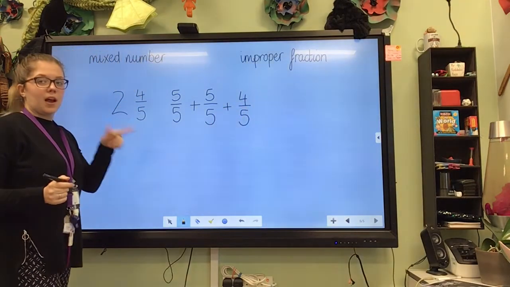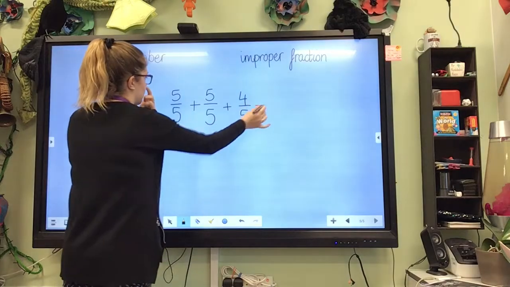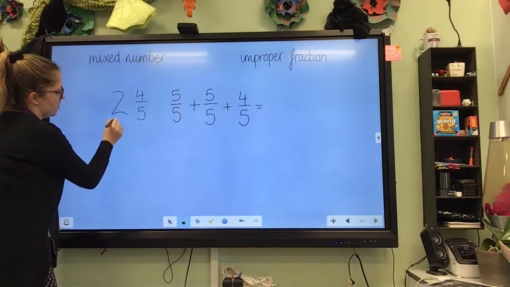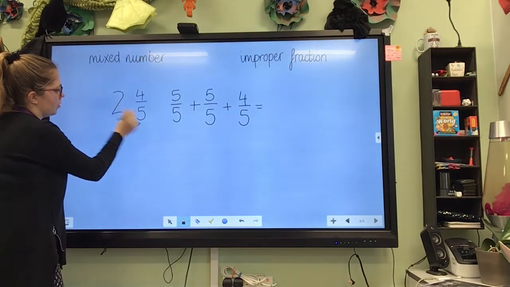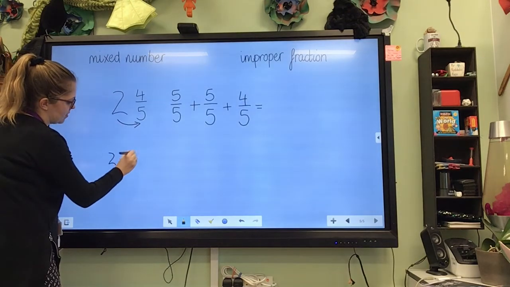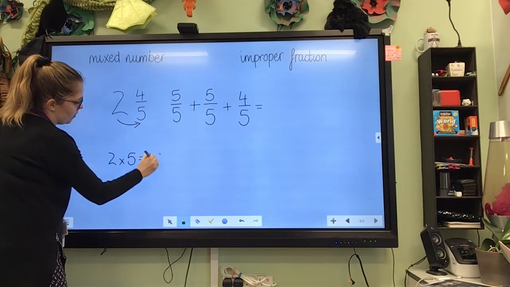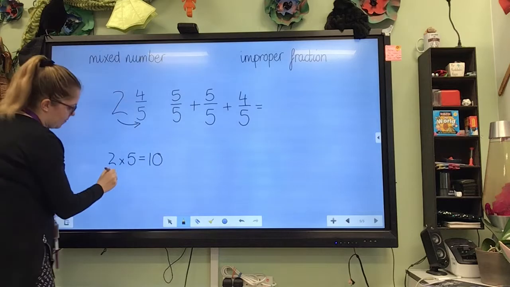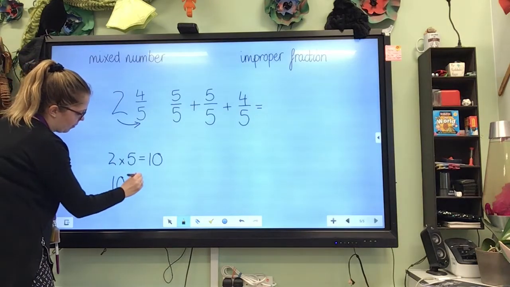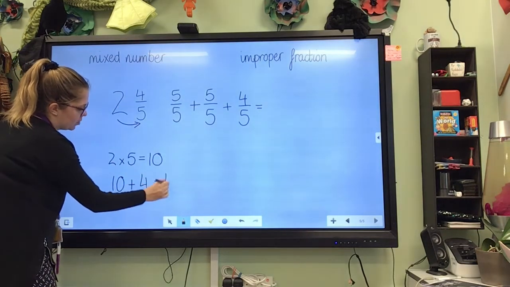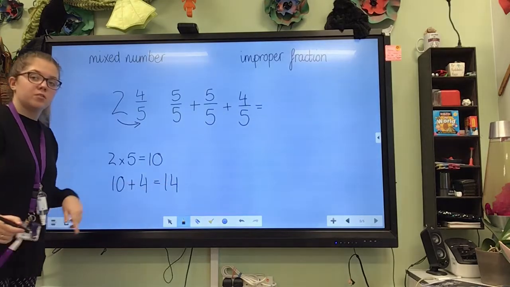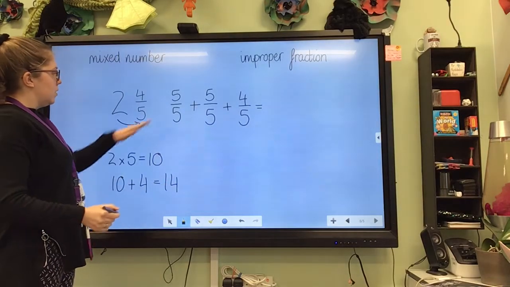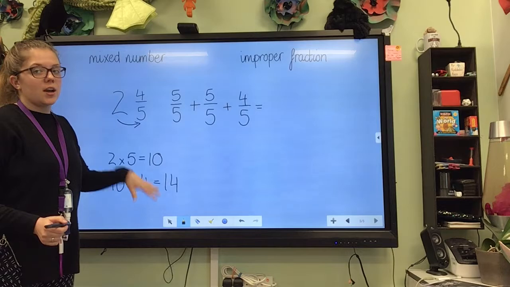We can think about it like that, adding up our fractions, or we can do the multiplying of 2 times 5, which we know is 10, adding on what's left over, how many fifths or what fraction is left over, which would be 10 add 4, which would give us 14. So let's do the adding the fractions first and check both of our answers.